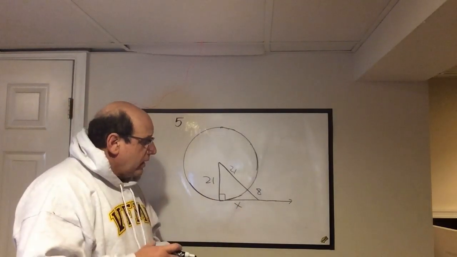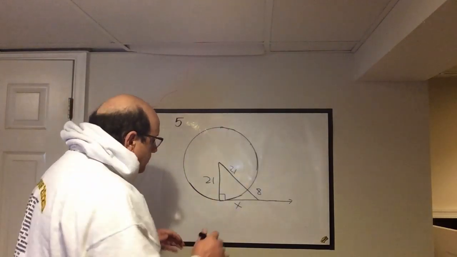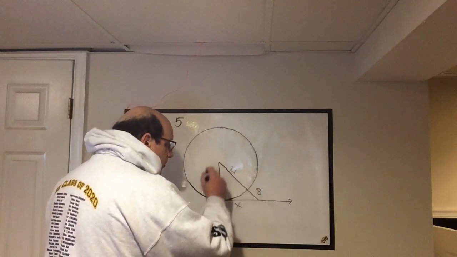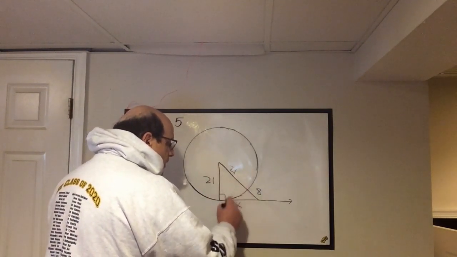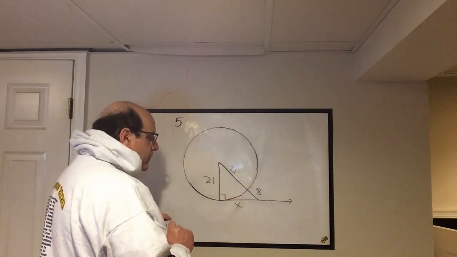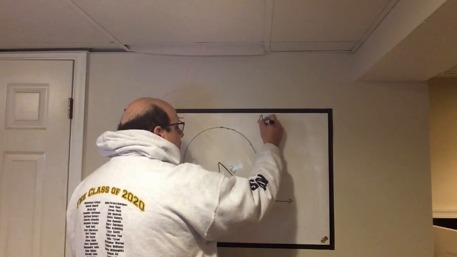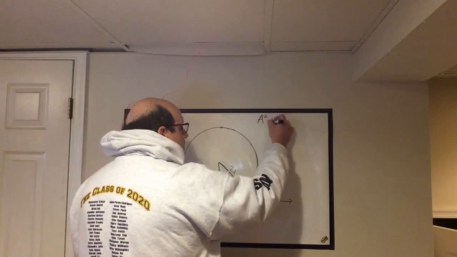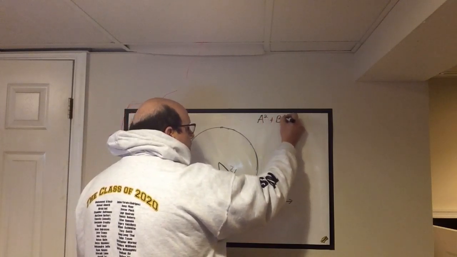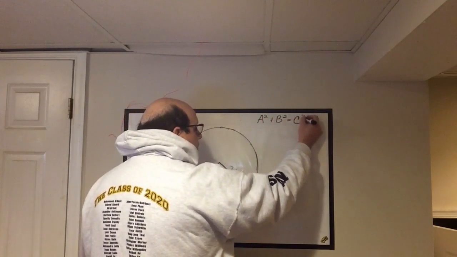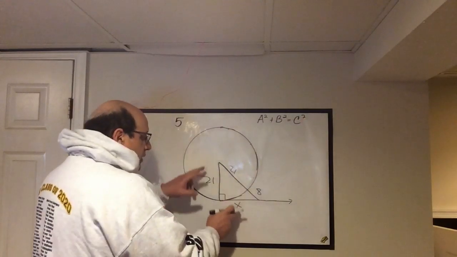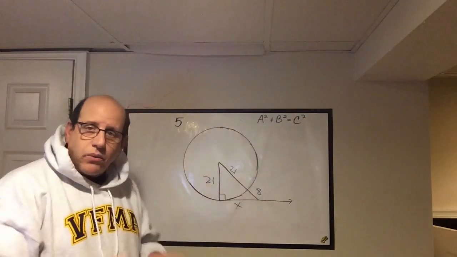We can actually get to work on this by solving for that unknown leg. All right, so we would put in a squared plus b squared equals c squared. And we can arbitrarily name the legs a or b. It doesn't matter which.